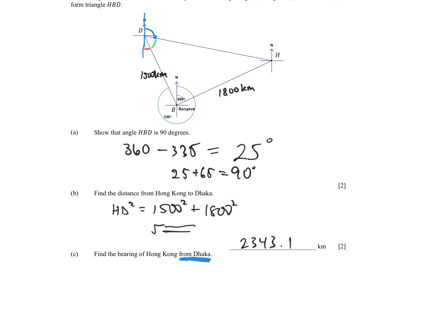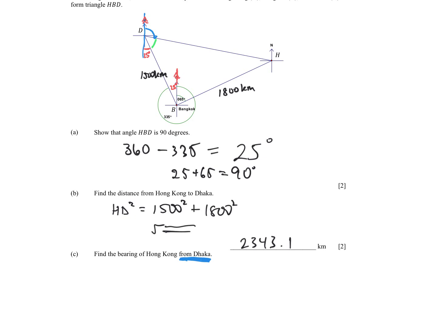Now, the angle in red, we already concluded down here was 25 degrees. And because the north line, this north line here, is parallel to this north line here, they both point north, then I have an alternate angle, and I know that that's 25 degrees. So I've already got that angle because of its relationship with the other 25-degree angle.